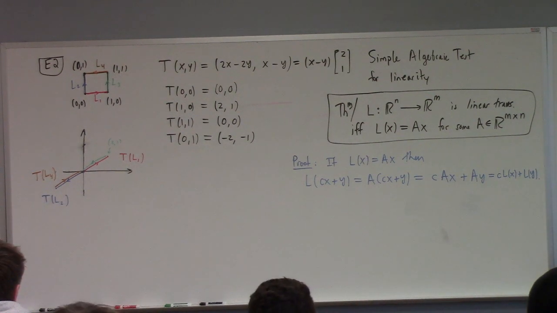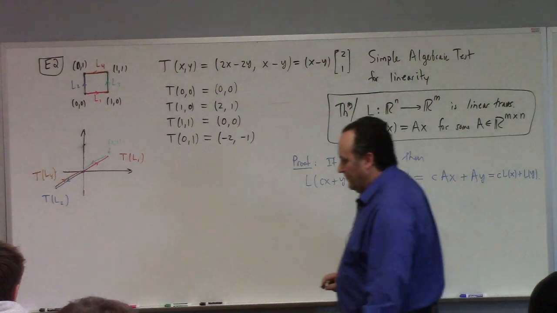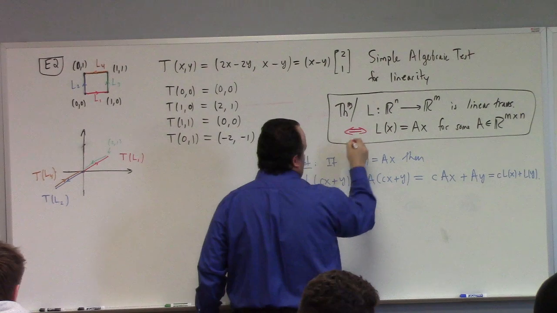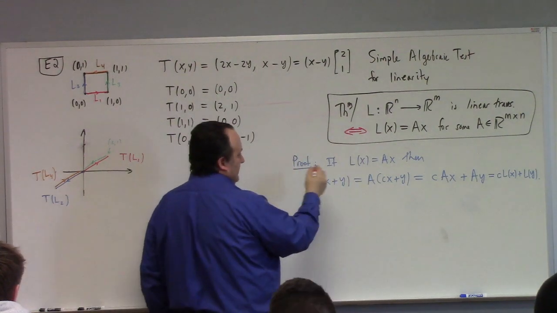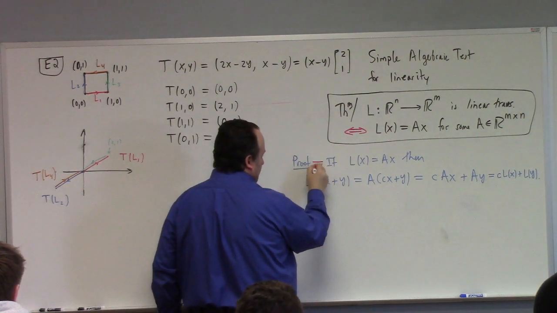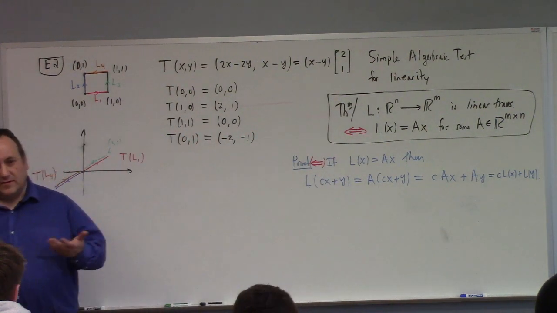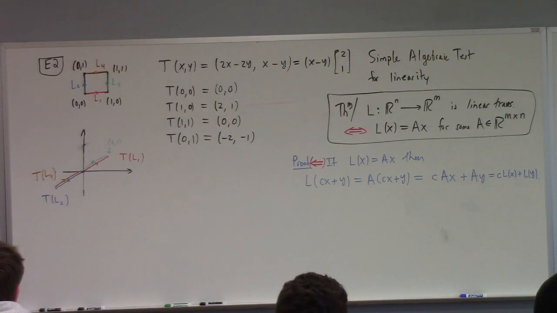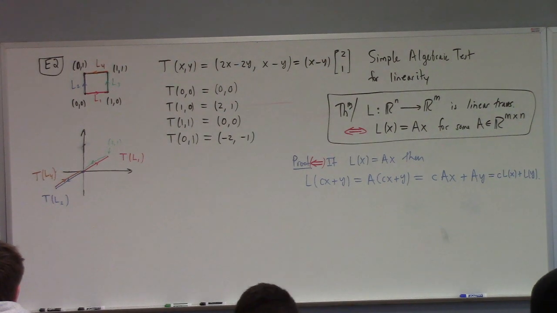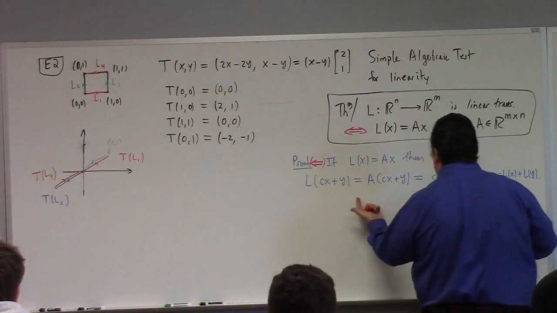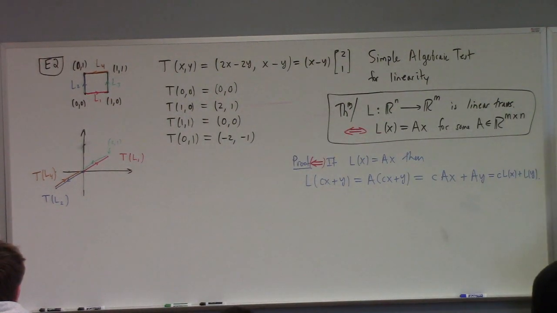So when I have an if and only if, let me trade this out for a symbol that shows you better what's going on here. What I've showed you at the moment is this direction of the proof. If I assume that there's a matrix which gives you the formula for the function, then it follows that that function has to be a linear transformation. And the proof is just properties of matrix multiplication. All right? So that's the one direction.